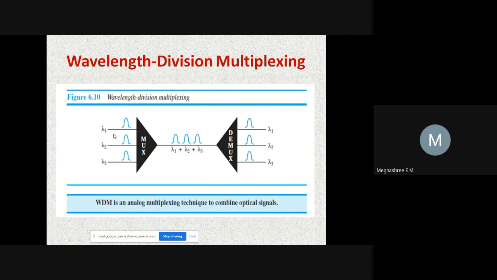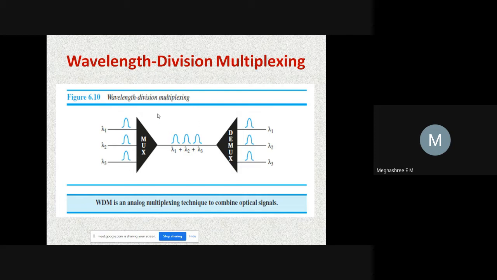You can see in this image, these are the optical signals transmitted through fiber optic channels. The same idea followed in FDM is followed here, but the transmission link differs. So we are combining different signals of different frequencies. That is what wavelength division multiplexing is about.